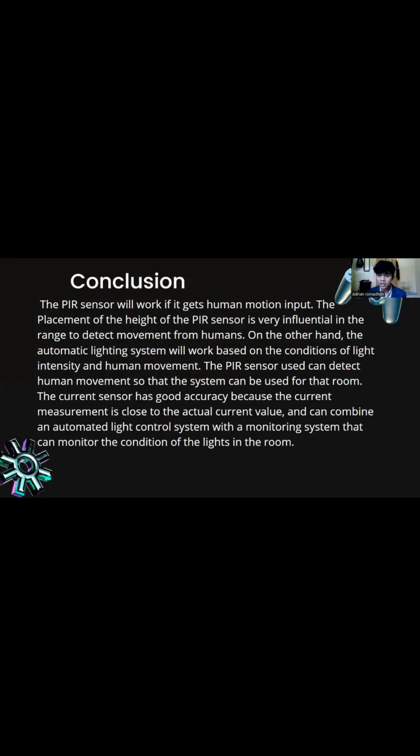The PIR sensor used can detect human movement so that the system can be used in that room. The current sensor has good accuracy because the current measurement is close to the actual current value, and an automatic light control system can be combined with a monitoring system that can monitor the condition of the light in the room.